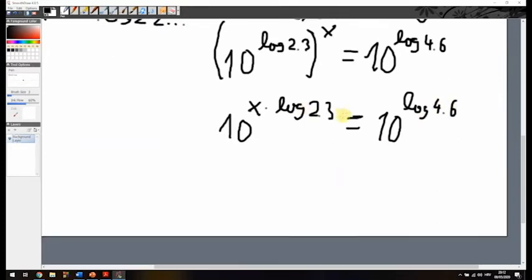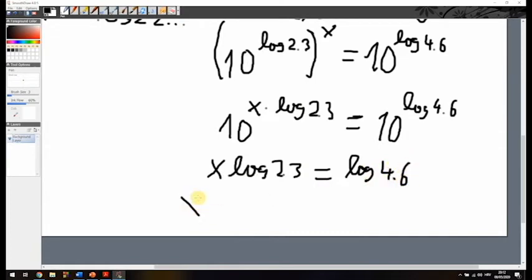These two have to be equal, so x logarithm of 2.3 equals the logarithm of 4.6, and then I just put x on one side and everything else on the other side. I divide by logarithm of 2.3, and that looks like this. So logarithm of 4.6 over logarithm of 2.3, and we get the same number.